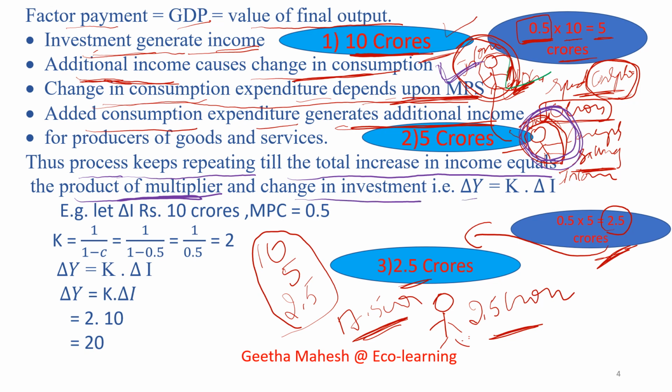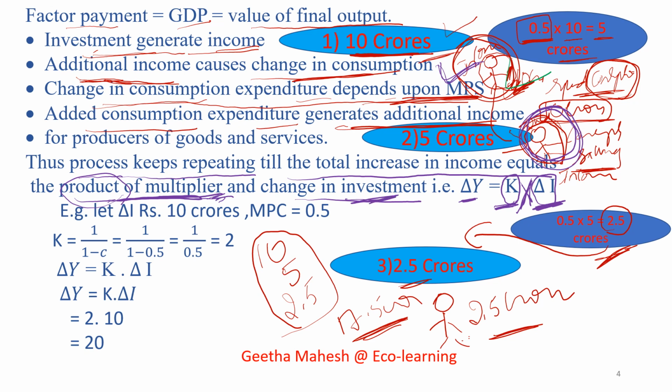Change in income depends upon the multiplier and investment. Product means multiplication: multiplication of multiplier and investment.